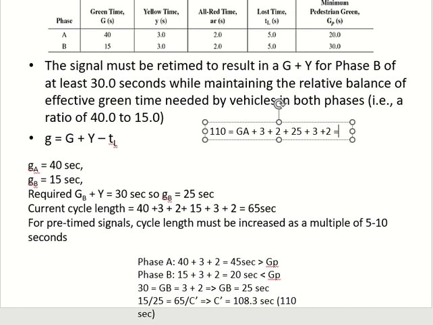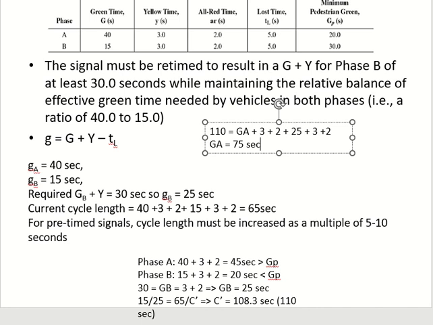So GA equals to what? 75. This is very easy because only two phases, and you already know one of the phases. But what if we have 3, 4, 5 phases? What will we do? In that case, we will use the ratio.